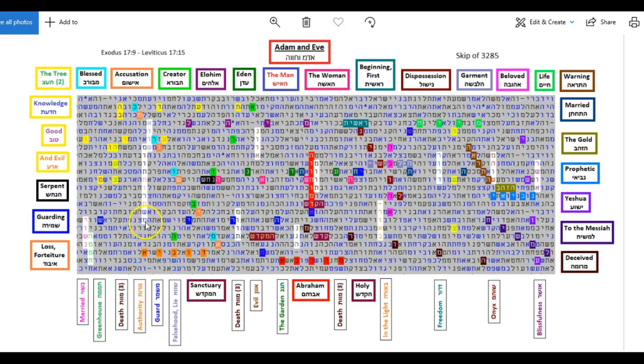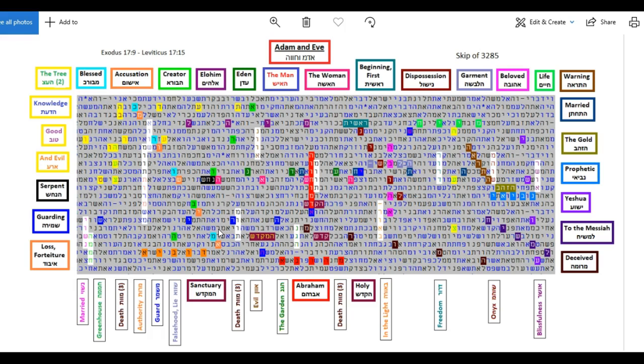And guarded is mem, shin, mem, resh. And what's interesting, if you remember before, Adam was given the task of guarding and keeping the Garden of Eden, and this guard and this guard, they share the mem here.